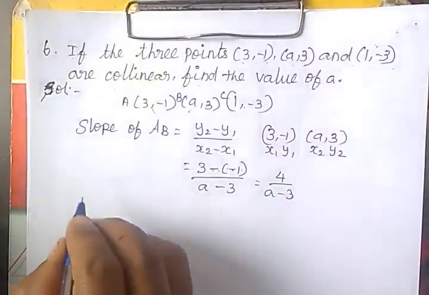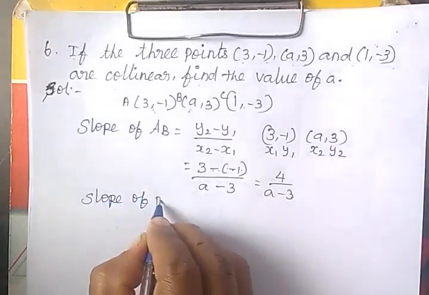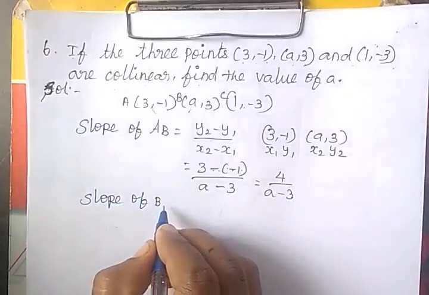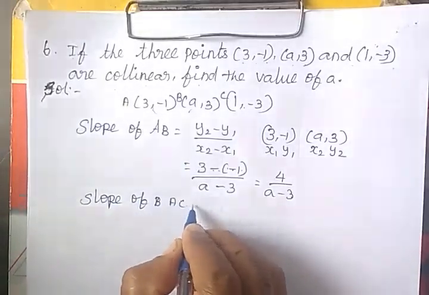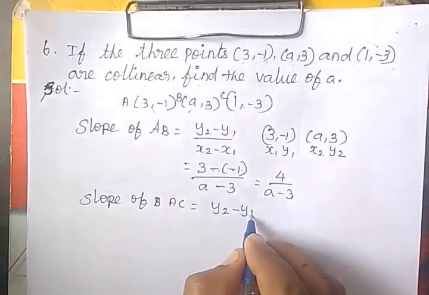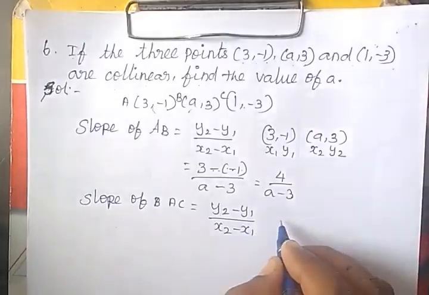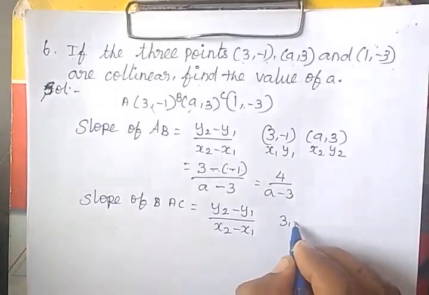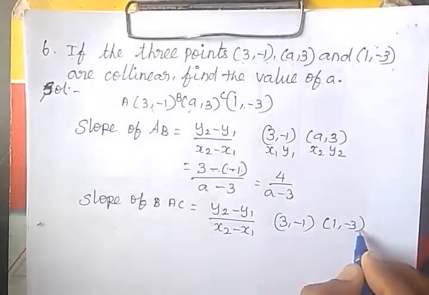For the remaining points, we find the slope of AC. A is (3,-1) and C is (1,-3).